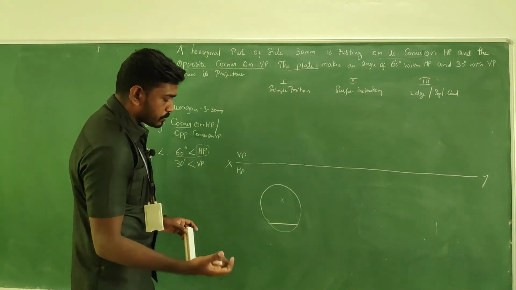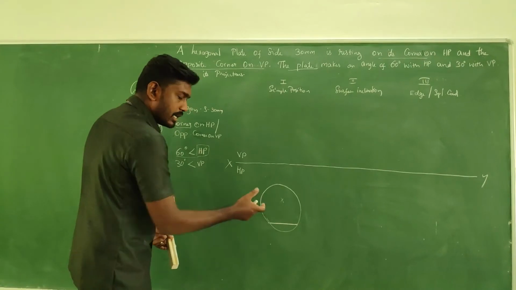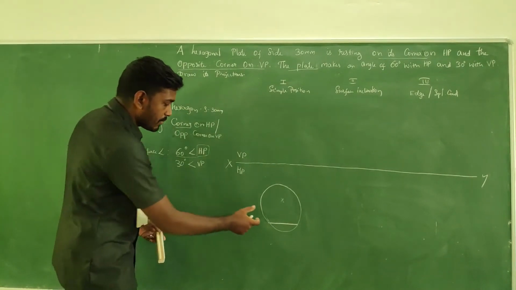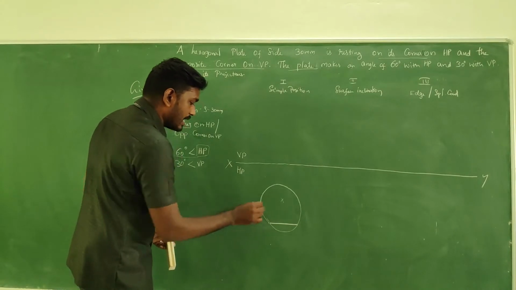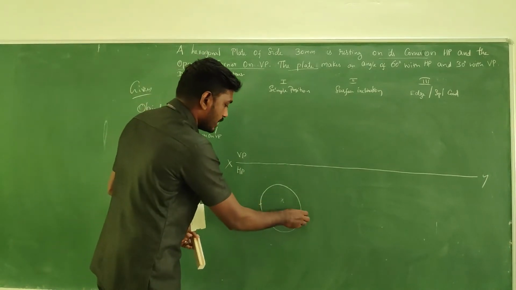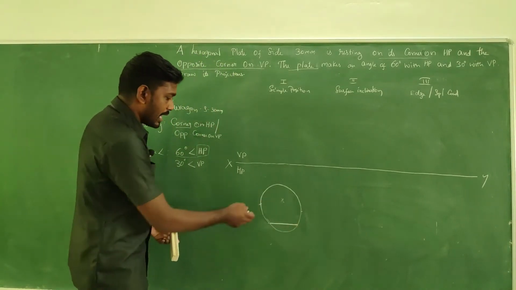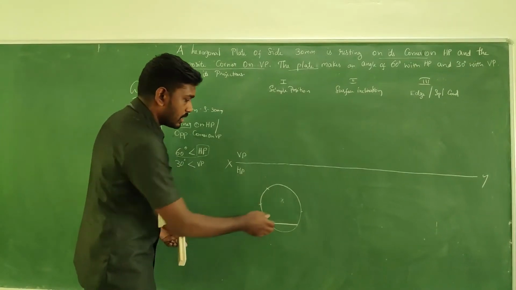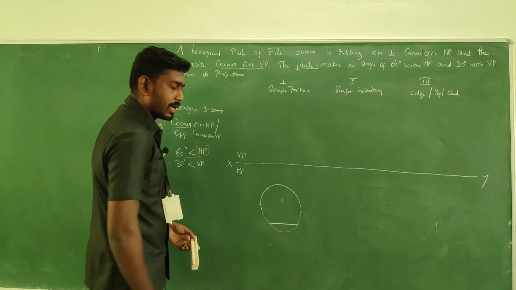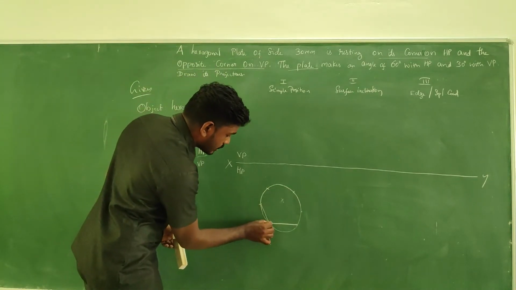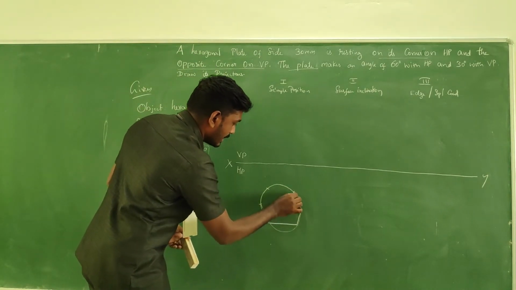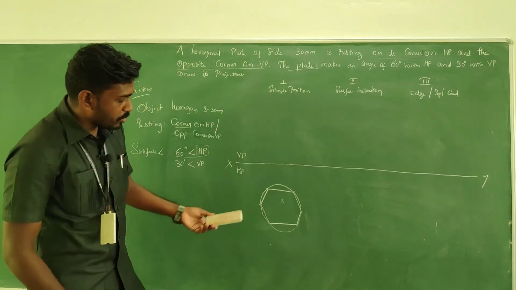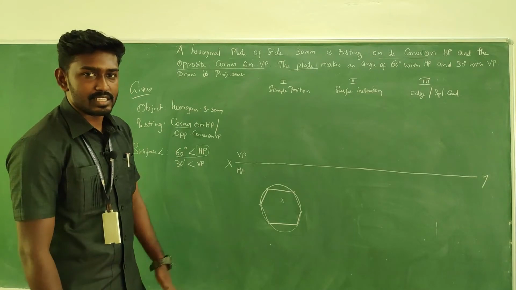And next, from the end, keep the same measurement 30 mm, and from this end go for a cut mark in the circle, and then from the other end go for a cut mark, and from this cut at the intersection point again you have a cut, from this end again you have a cut, so that if you connect all the intersection points on the circumference of the circle, you will be able to obtain the hexagon.